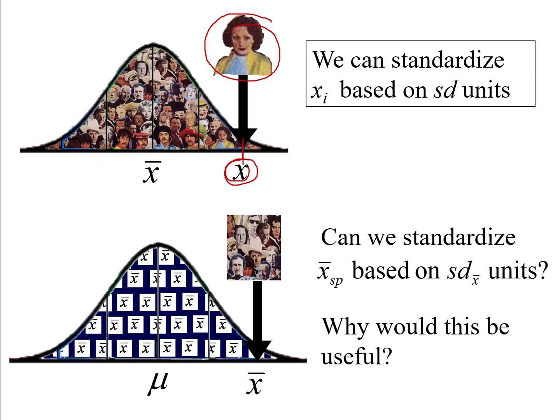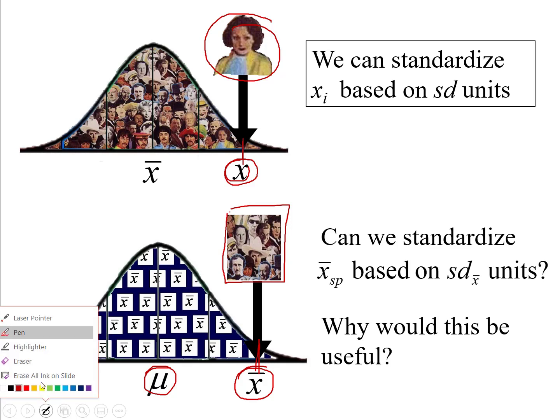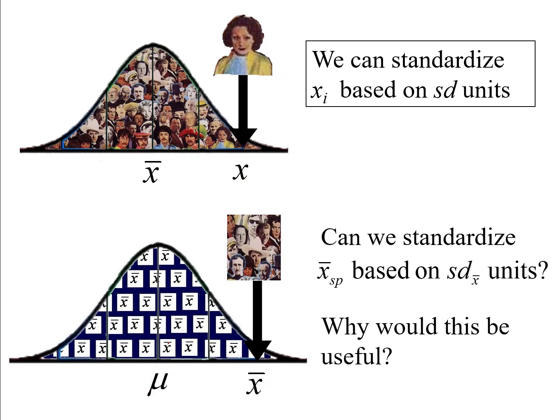Now in this bottom example, say I do a study and I calculate the mean for my study, the x bar, and the mean for my study is right here. So I could say the mean for that study is 2 standard errors higher than the true population parameter. So in both cases, I'm measuring things in standard deviation units, standard deviations in the top case, or officially standard errors in the bottom case.